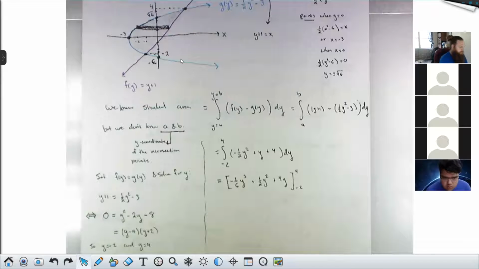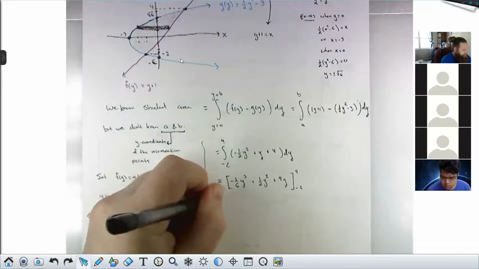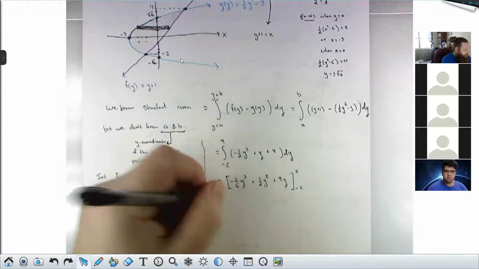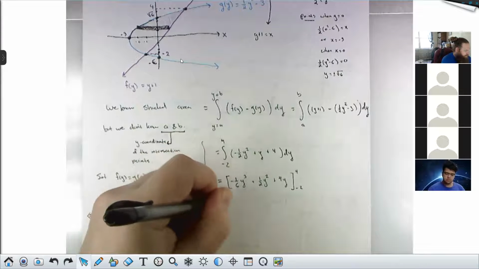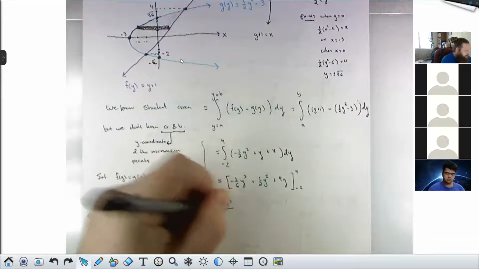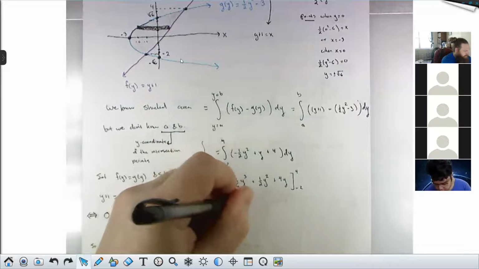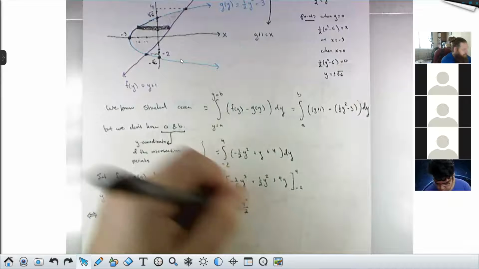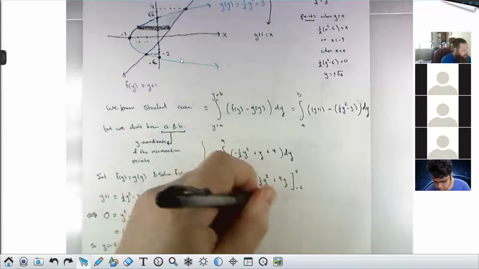And now we just have some arithmetic to do. So when I plug in the 4, I'll combine these terms. So it's going to be -4 cubed over 6 plus 4 squared over 2 plus 4 times 4.